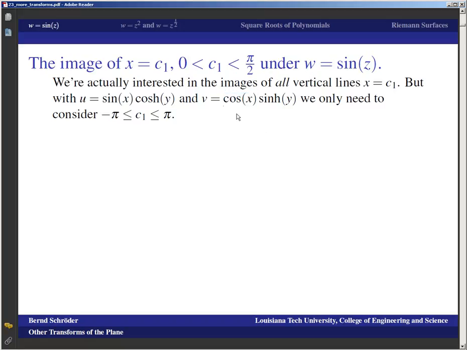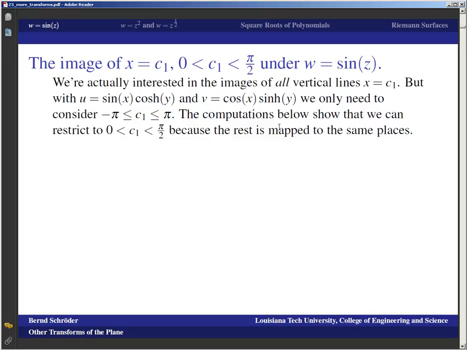That means we really only need to consider one full period, negative pi smaller or equal c1 smaller or equal pi. And what we're going to show below is that we can actually restrict ourselves to the interval from 0 to pi over 2 because the rest is mapped to the same places.